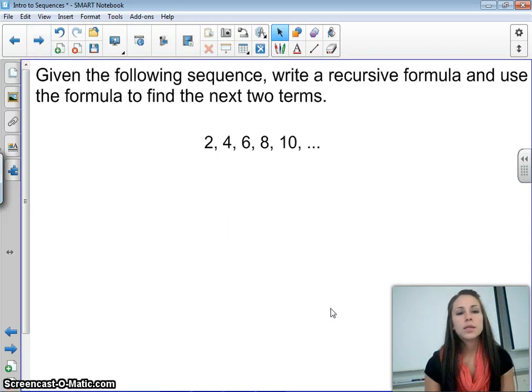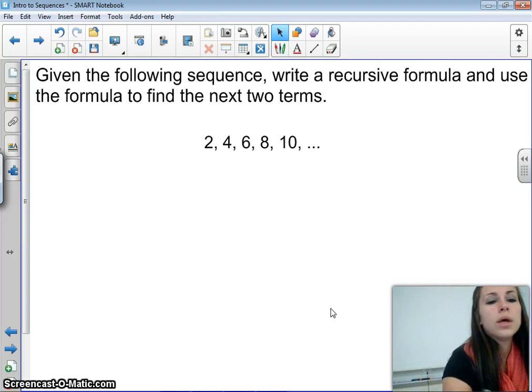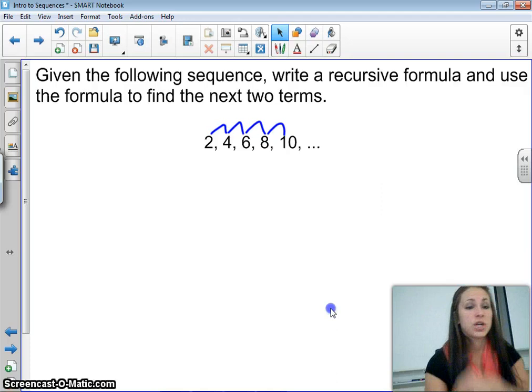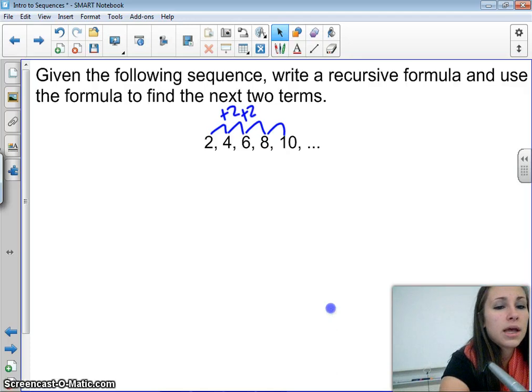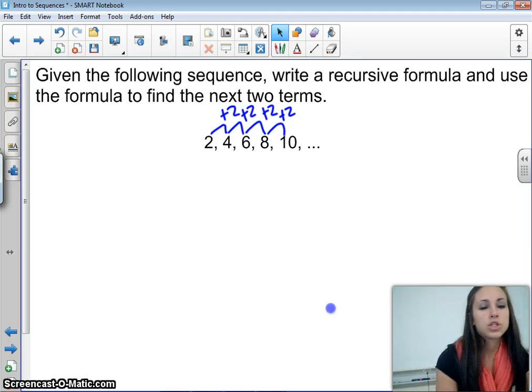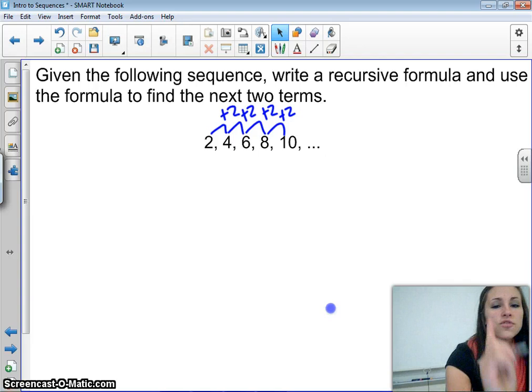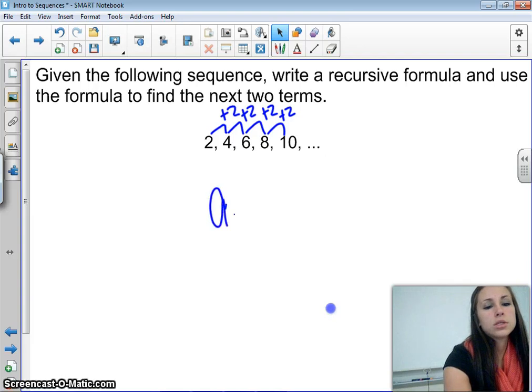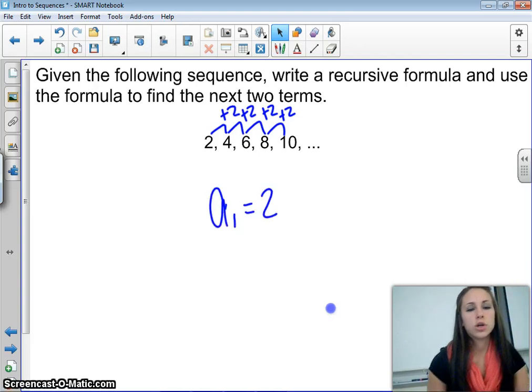Now, I want to write a recursive formula for this sequence. So the first thing you need to do is find the pattern. What am I going up by each time? And so this is an easy pattern. I'm just adding 2 each time. And so what I'm going to do is, first of all, I'm going to say what A1 is. So A1 is 2. I start at 2.